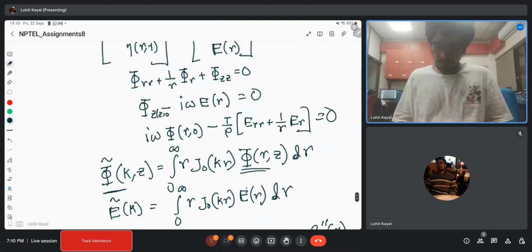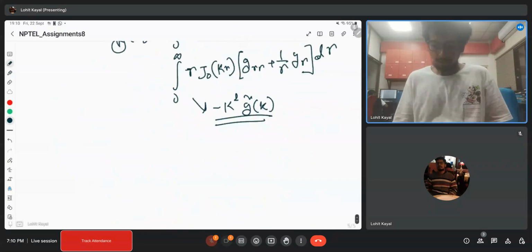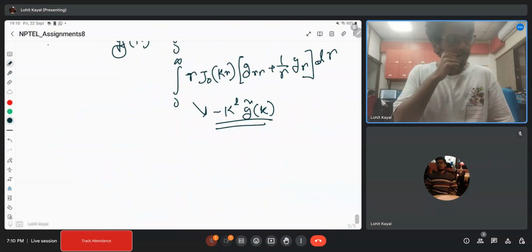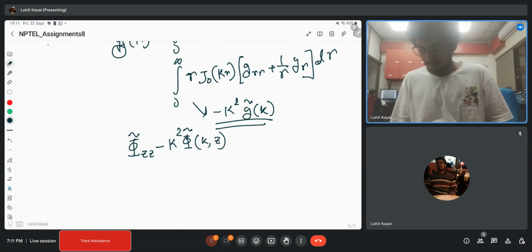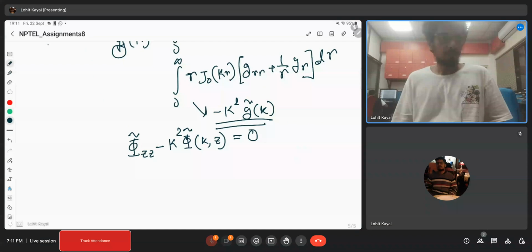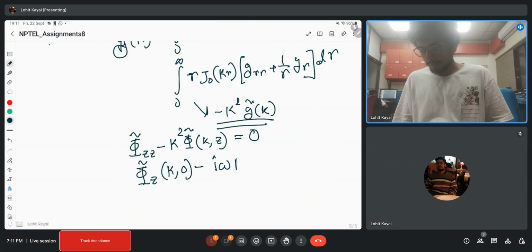All right. So now we will substitute all this in this equation and we will finally get phi tilde zz minus k square phi tilde of k z is equal to 0. Phi tilde z at z equals 0 minus i omega eta tilde of k is equal to 0.